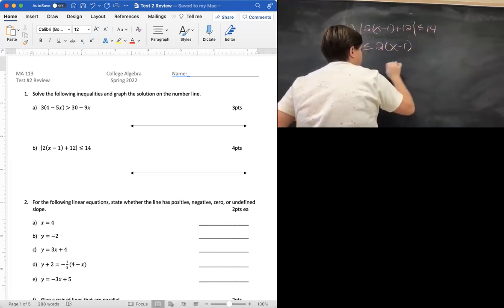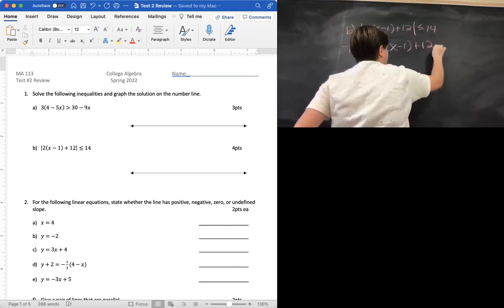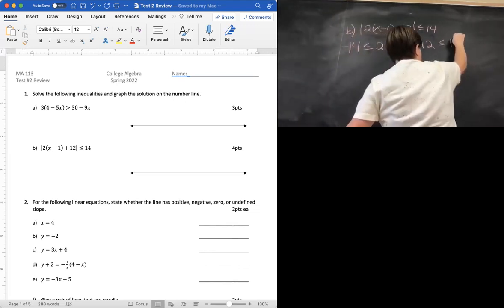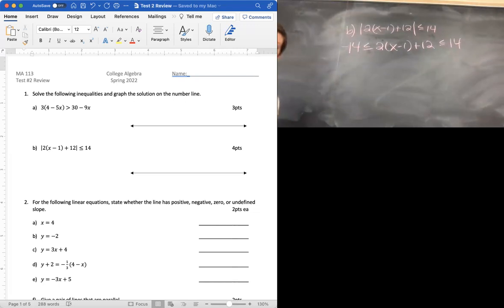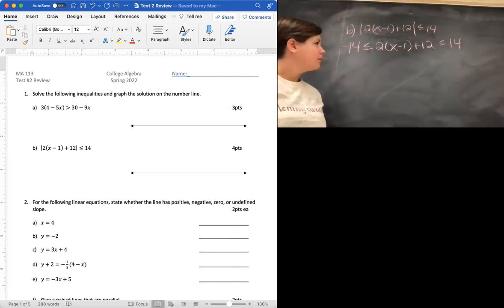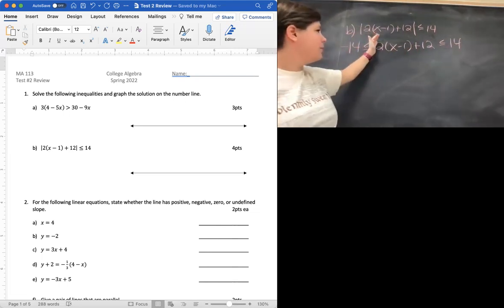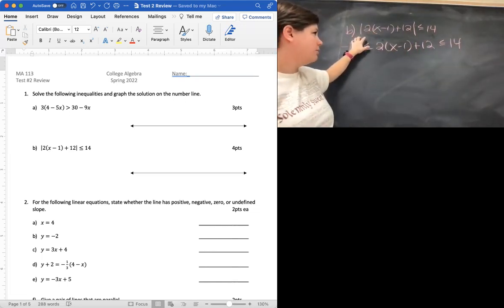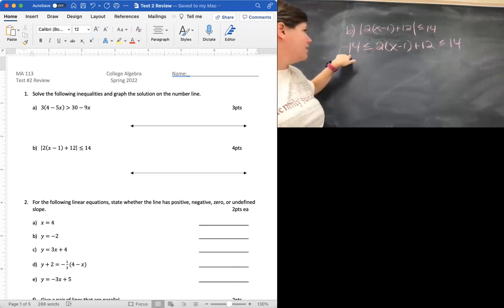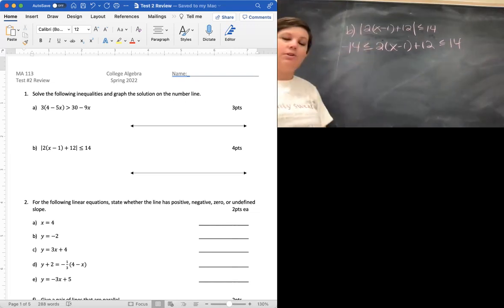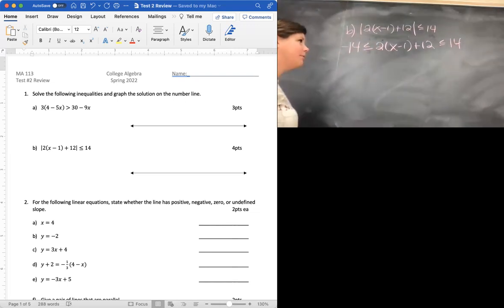So I have 2 times (x minus 1) plus 12, and then that is still less than or equal to 14. We get this compound inequality. So I wrote the expression exactly like it was without the absolute value, and then I tacked on this -14 less than or equal to over here on the left-hand side.